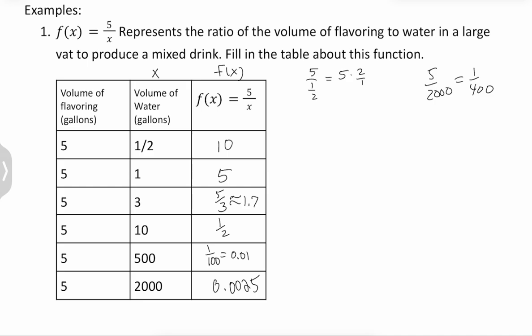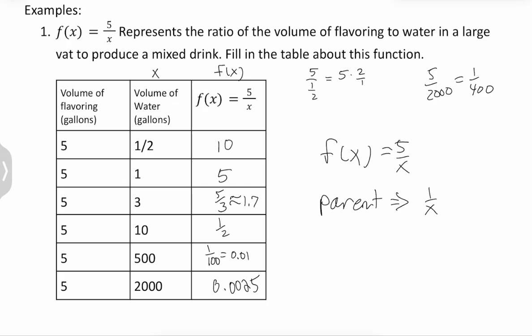Now, let's think about our parent function. If our function is 5 over x, our parent is 1 over x. All the 5 did was stretch it a little. So normally our parent function is at 1, 1. If you plug in 1, you get 5. So it just kind of stretched it.